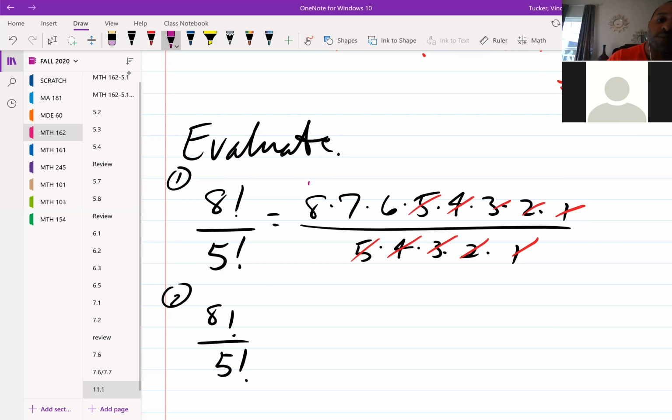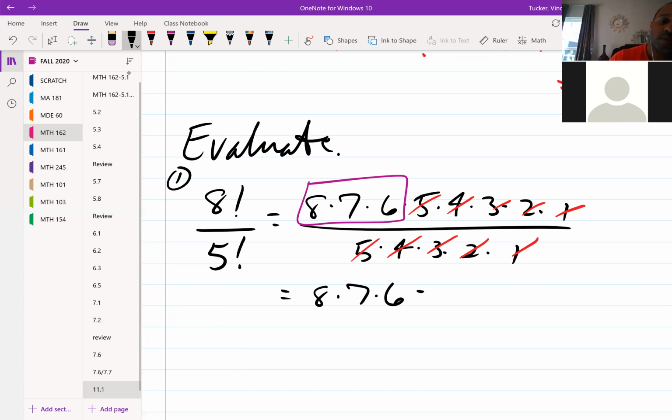And that leaves me with 8 times 7 times 6, which I believe is 336. If I'm not mistaken. I want to make sure before I keep going.